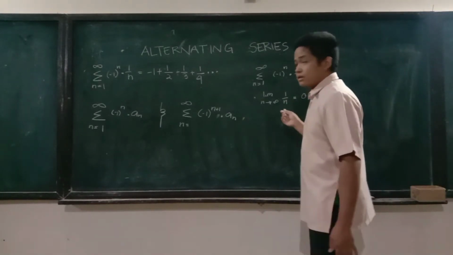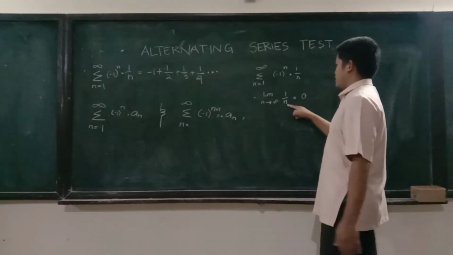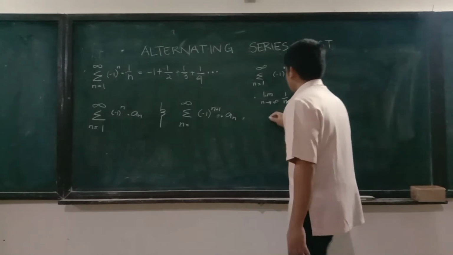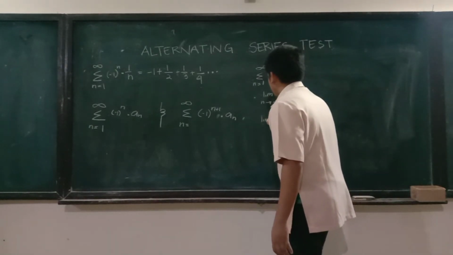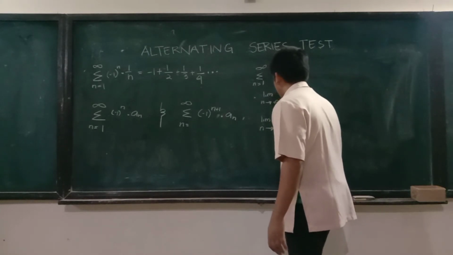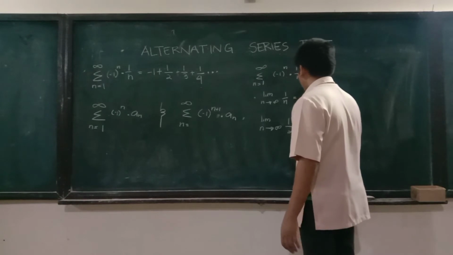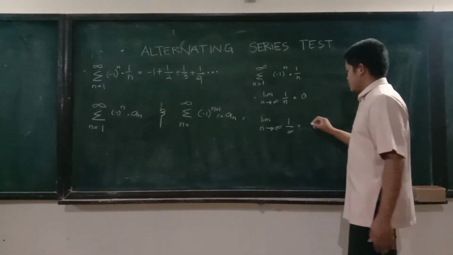Why 0? Because if we replace n with infinity, the limit of n approaching infinity is 1 over infinity, which equals 0.